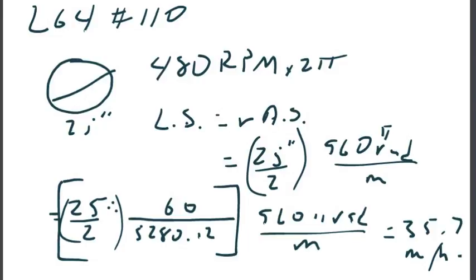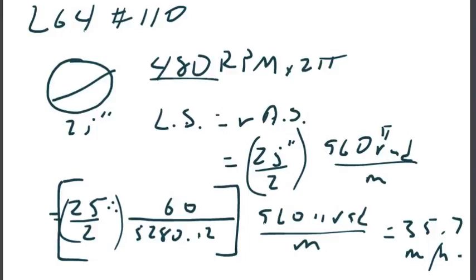And then it's asking us to do something backwards. At what rate should the spin balance machine be set so that the tire is being tested for 70 miles per hour? So you've got a couple of choices there. You can plug in 70 and work this back to what that has to be.